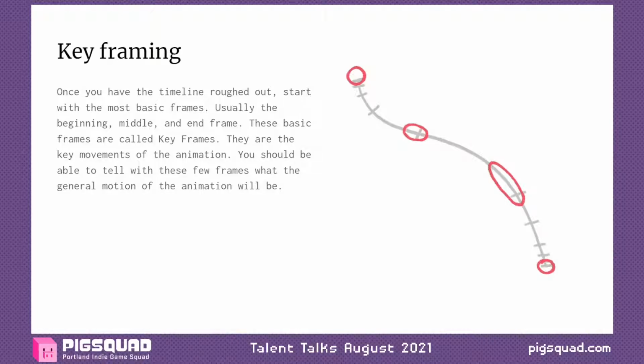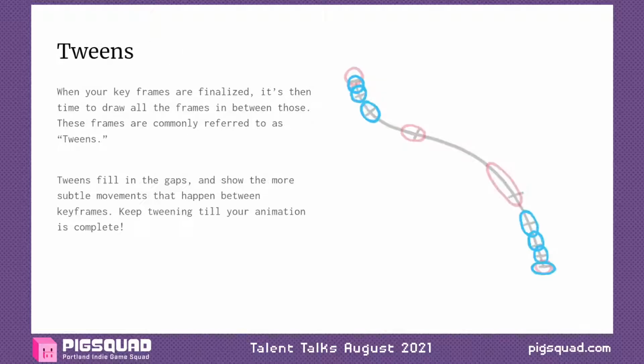With keyframes, you should be able to tell the general motion of the animation from these few frames. It will look really choppy if I just played 4 frames. But by looking at these 4 frames, I can understand where the beginning of the animation is, where the end is, a little bit of what happens in the middle, and where that long smear frame is going to end up being.